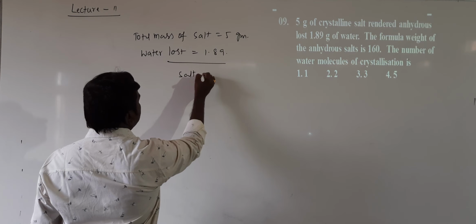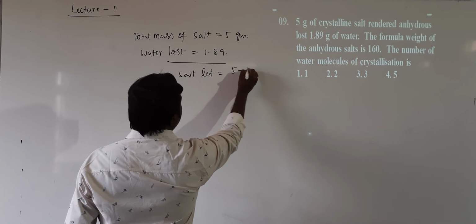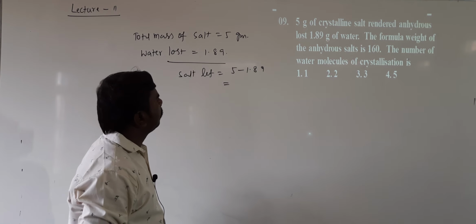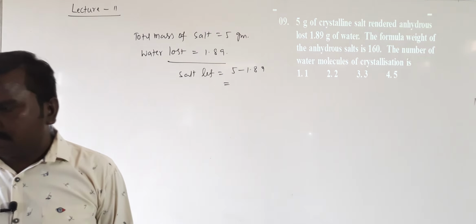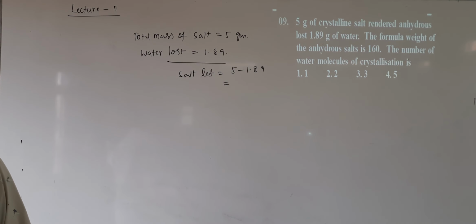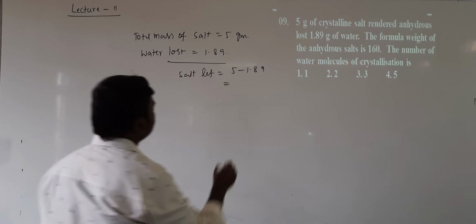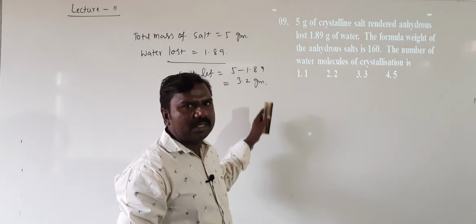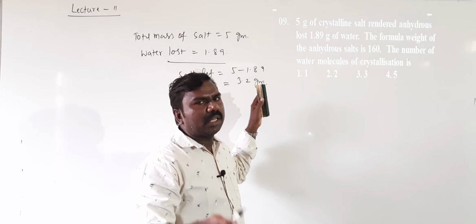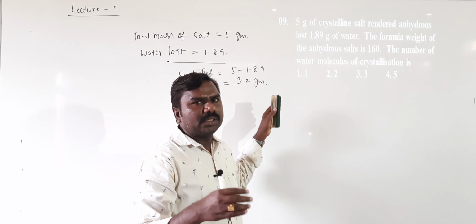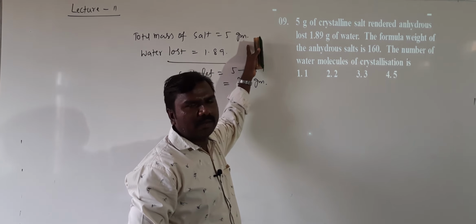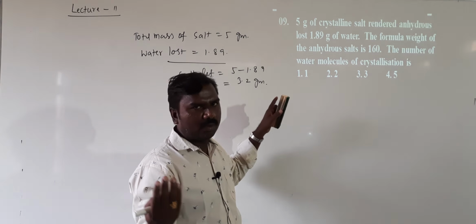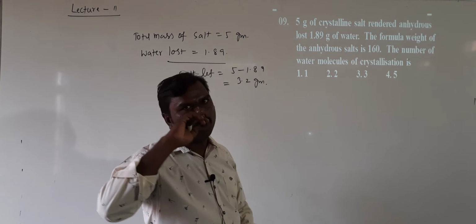Salt left is 5 minus 1.89, that is about 3.2 grams. The salt mass is 3.2, water is 1.8, totally 5 grams. When heated, 1.8 grams is removed as water and 3.2 grams is left.